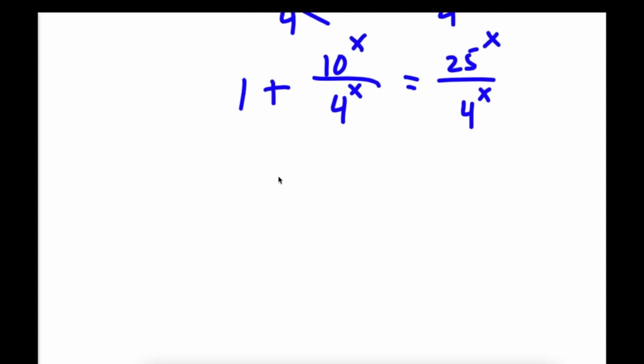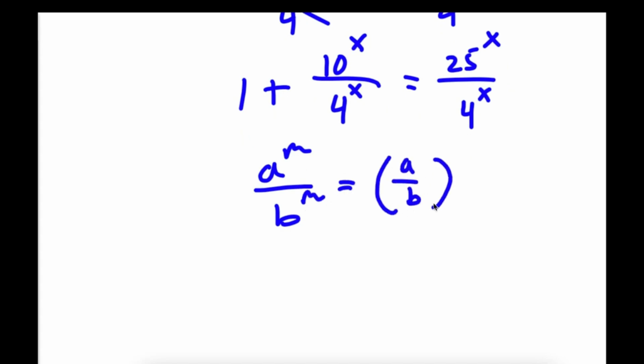Now, if I have something in the form a to the power of m over b to the power of m, this is the same thing as a over b to the power of m.